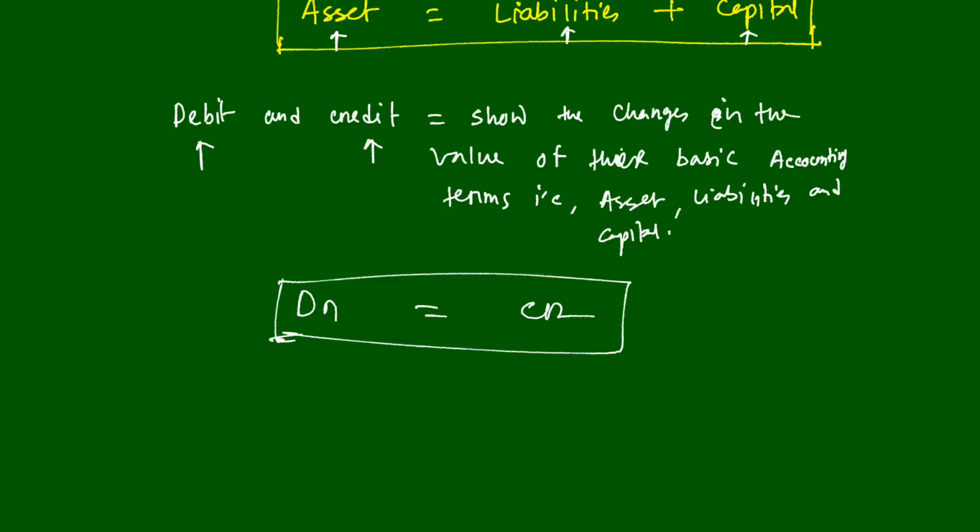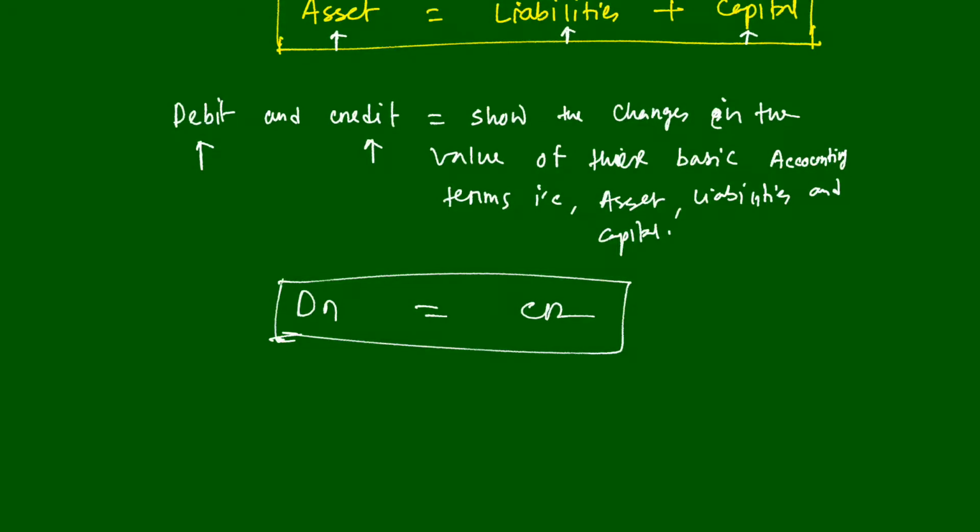The terms debit and credit are used in every work of accounting: in journal entries, in ledger entries, in trial balance, in trading and profit and loss account, etc. The debit and credit terms are the main source to know the financial position of the business.